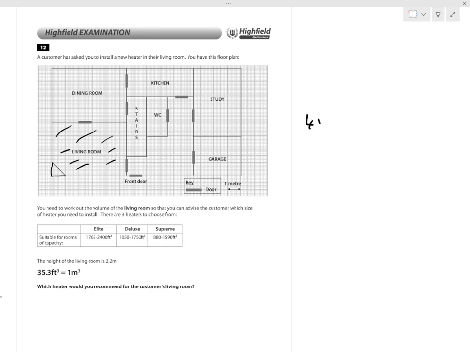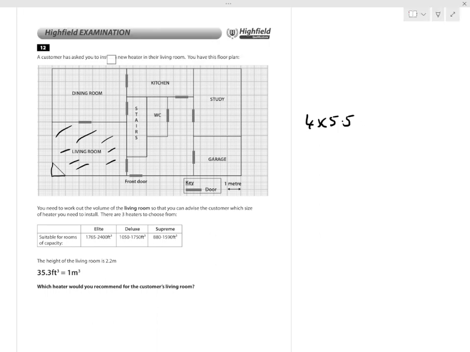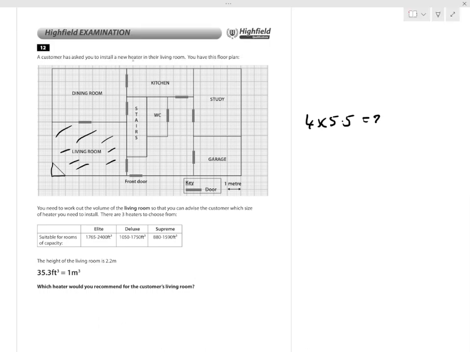So we've got 4 times 5.5. Just do the area first. So 4 times 5.5 is 22. So the area of the whole thing is 22.